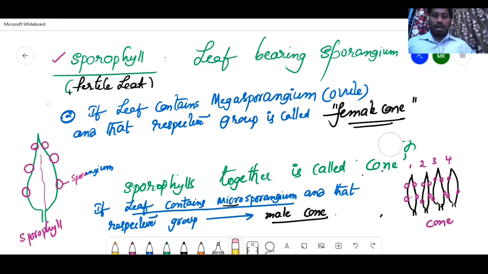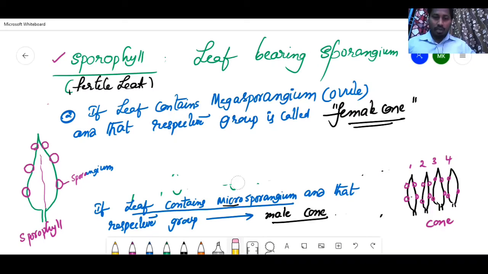Simply, why I'm stressing these points here is because unless you understand what is sporophyll, what is cone, what is sporangium, what is microsporangium, what is megasporangium, you cannot understand gymnosperm reproduction clearly.